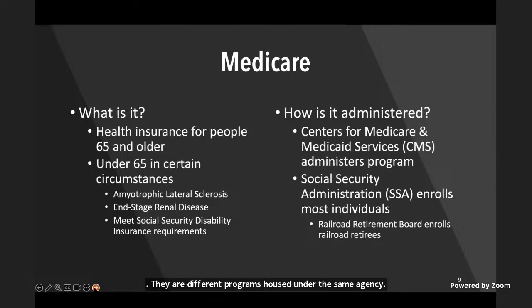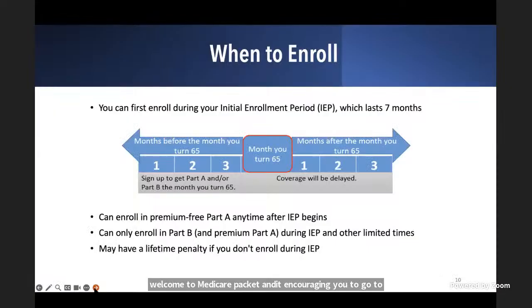And Medicare and Social Security talk to each other about benefit determinations. You'll see that in a little bit when we get to talking about extra help. And so don't be alarmed when you get your welcome to Medicare packet and it encourages you to go to Social Security to sign up, because that's how the system determines the benefits and then they hand you off over to CMS.